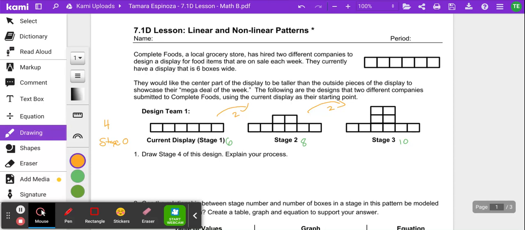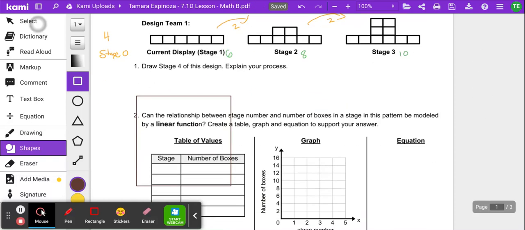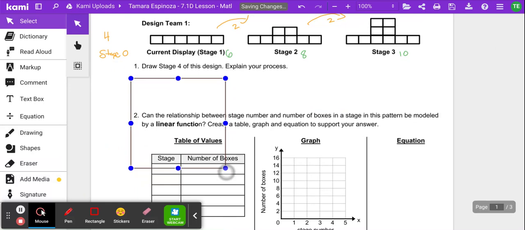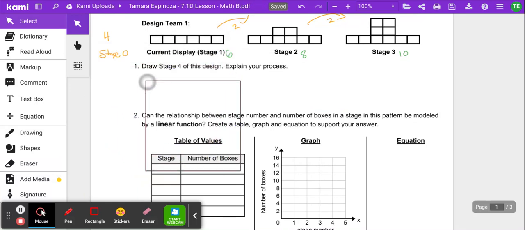So I'm going to go ahead and get my rectangles out and draw it up. Whoa, that's a very large rectangle. Okay, I'm not loving this rectangle. We're just going to do it by hand.